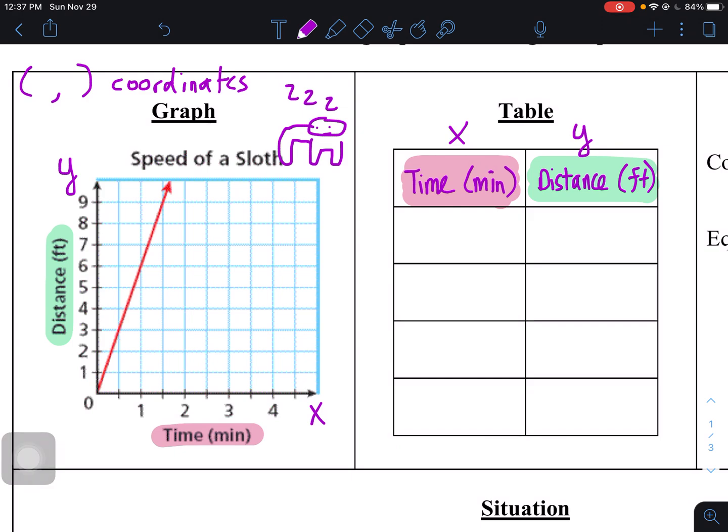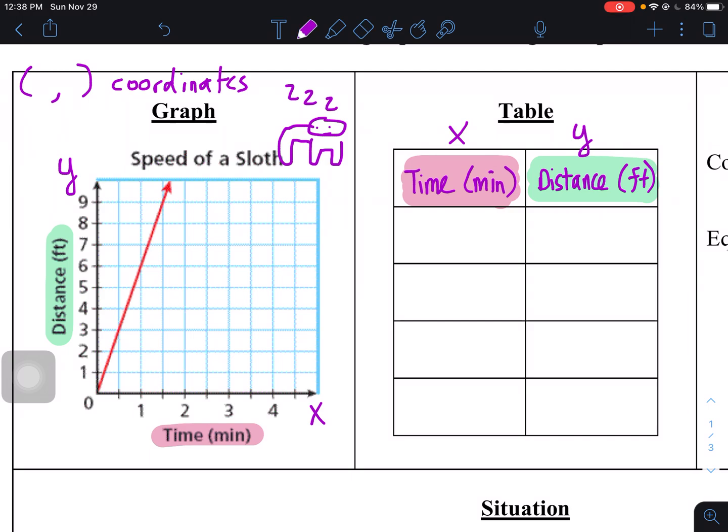For example, this point is not on the grid because it doesn't fall on two blue lines. This point is on the grid because it falls on this line and it falls on this line. You can kind of think of it as if you had a plus sign at that point, it would perfectly fit two lines.